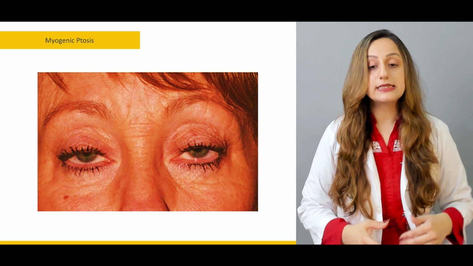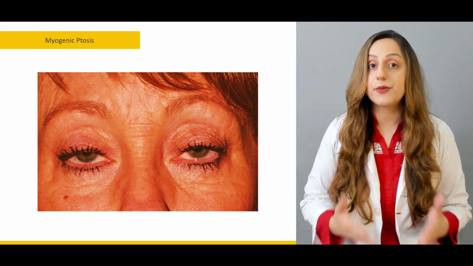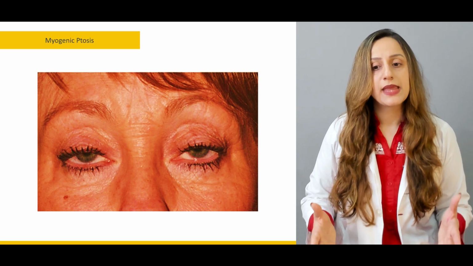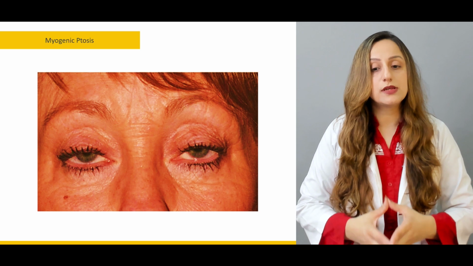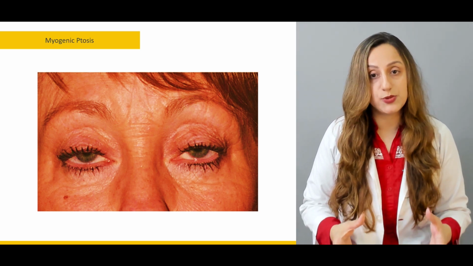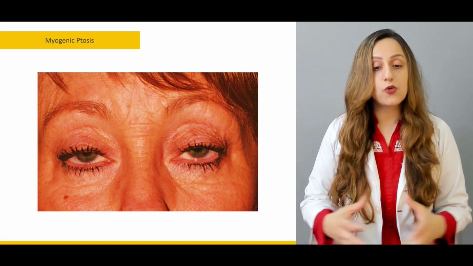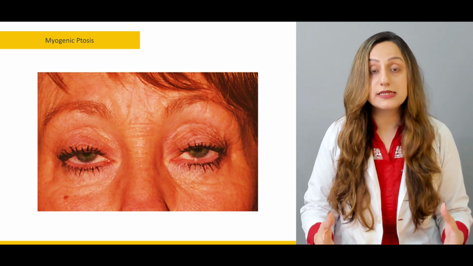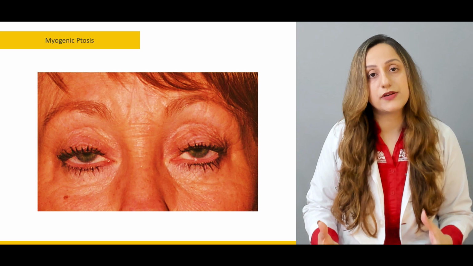As you can see, it can be a unilateral condition, as I've shown you in another patient, and over here you can see a patient in which this condition is affecting both of the eyes, so it is a bilateral condition. As you can see over here, the scleral show is affected, and it's almost covering half of the lids, so the severity is again very important.